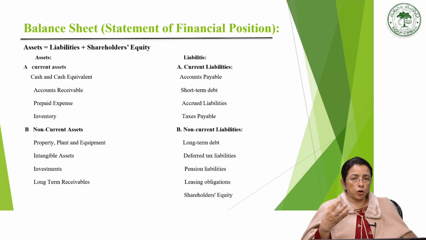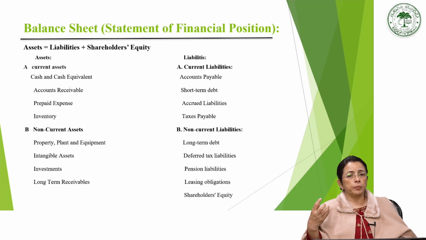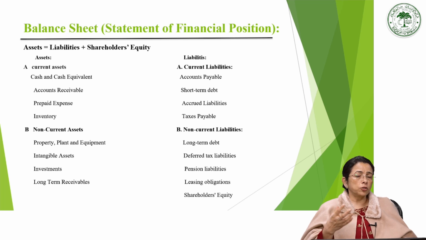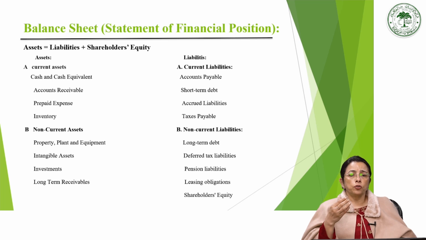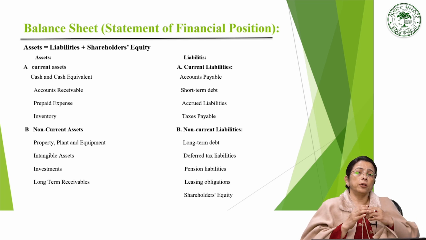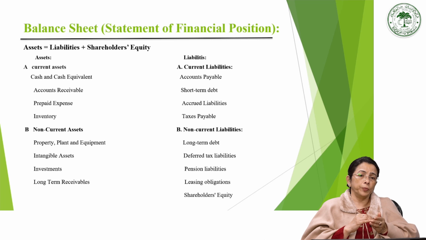Suppose you are buying raw material or some other commodities or equipment from the market in order to produce your goods, but you don't have the amount to pay immediately, or you want to pay after 15 days or 1 month, as per the policy that you want to follow. So this becomes a liability, because in future you will have to pay them.